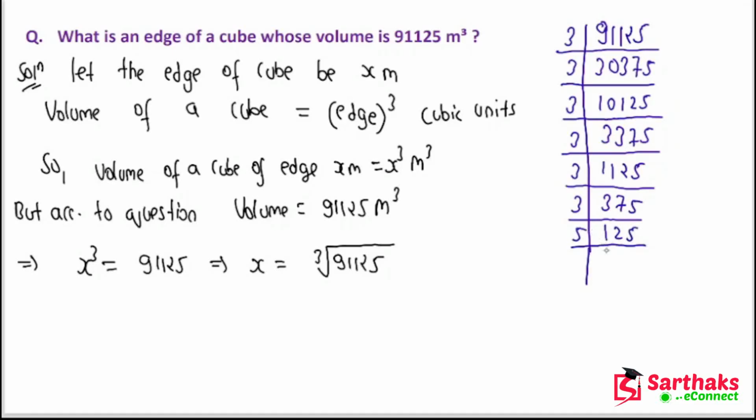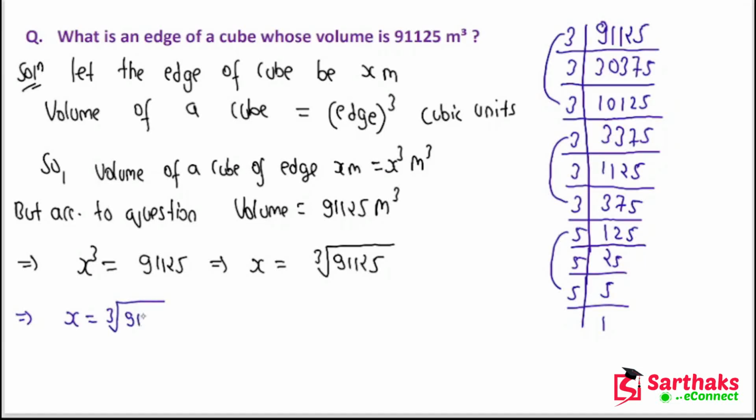Then again we know it is 5 cubed, so no need to waste any time. You can directly divide them. Okay. Now making the pairs, making the triplets, we are getting this, right? So this implies that x is equal to the cube root of 91125, which is equal to, we'll take one factor from each of these triplets, 3 into 3 into 5.